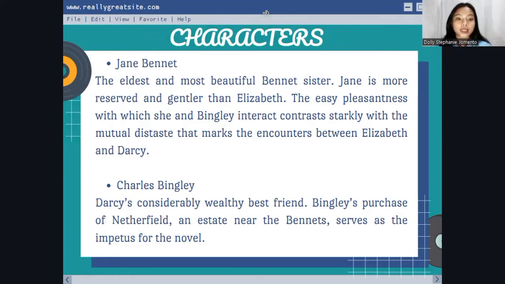The next one is Charles Bingley, Darcy's considerably wealthy best friend. So Charles Bingley is the partner of Jane Bennet. Bingley's purchase of Netherfield, an estate near the Bennets, serves as the impetus for the novel.